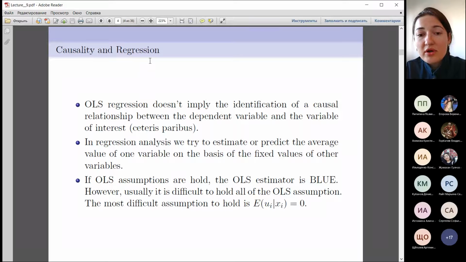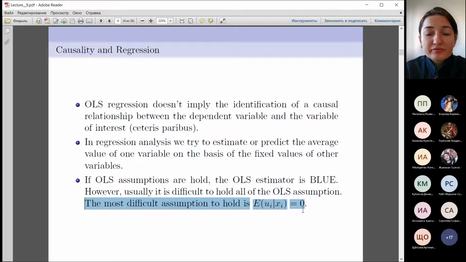And if your model based on the theoretical background will be a right model, a right theoretical model. And one of the main assumptions, you remember, is that your error terms should be independent of the explanatory variables. So there should not exist any correlation between the disturbance term and your X factors.